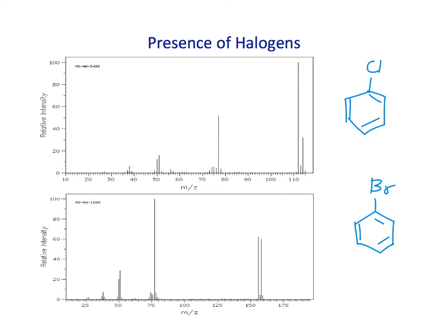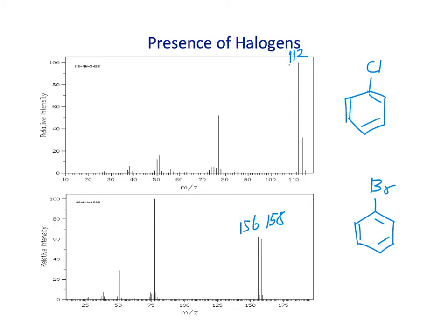This one here is at 112, and over here this is at 156. But notice that there are 2 peaks in both of them. So this is 156 and 158.